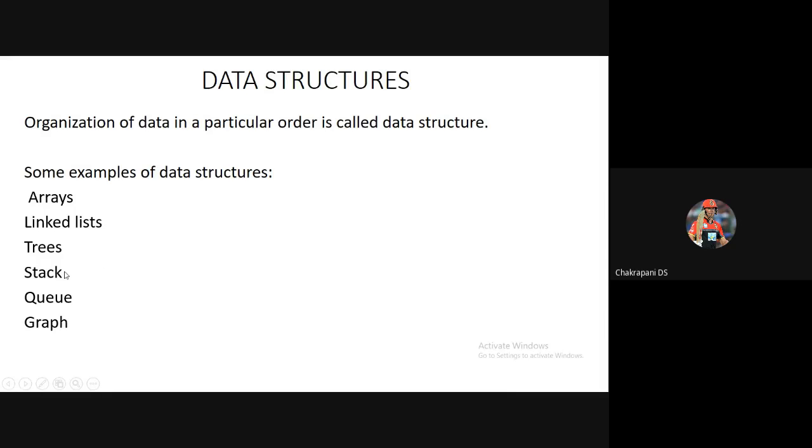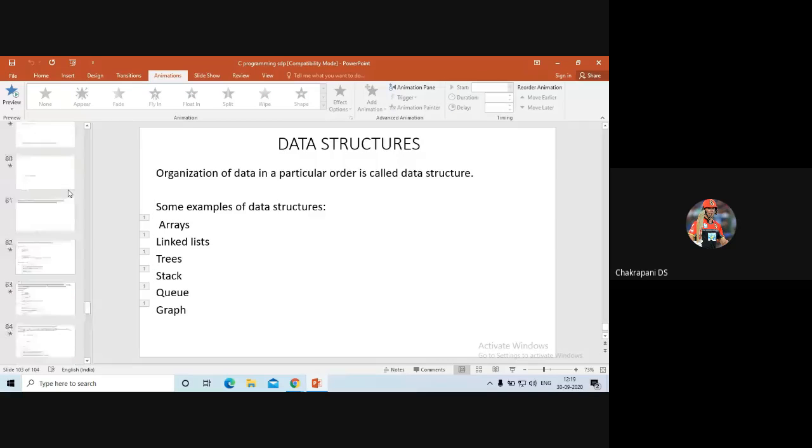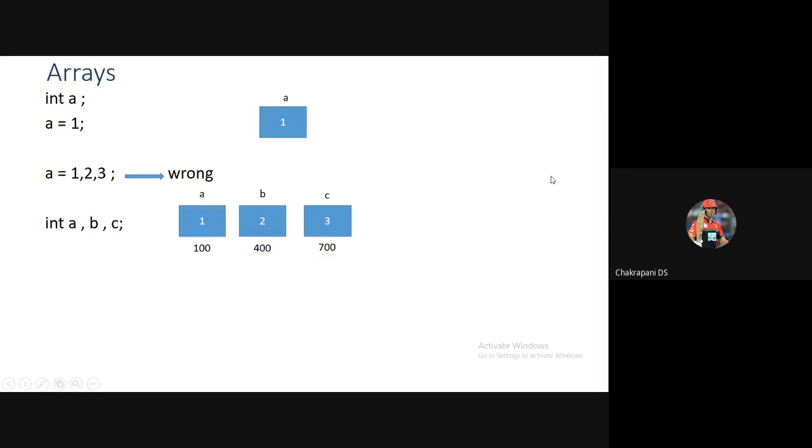Let's see what arrays are and how we can use arrays in data structure. That will be easy for stacks and queues. I'll go a bit fast now, because we have already discussed arrays, I think, or if I have not discussed them, I'll explain everything a bit faster.